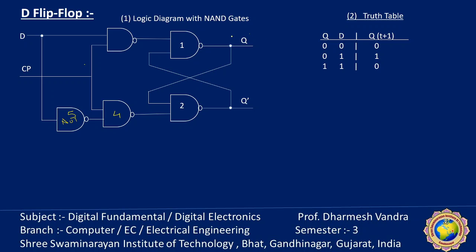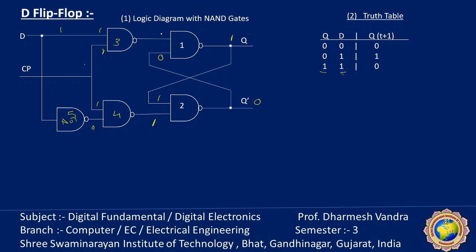So here Q is equal to 1, Q dash is 0, and the D input is also 1. Always remember this: first you have to find out which NAND gate input is 0, because if any one input of the NAND gate is 0, the result is 1.